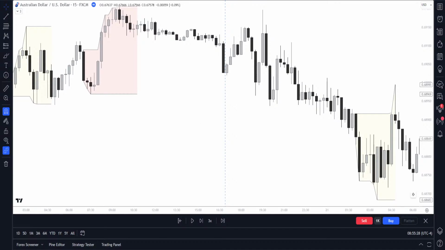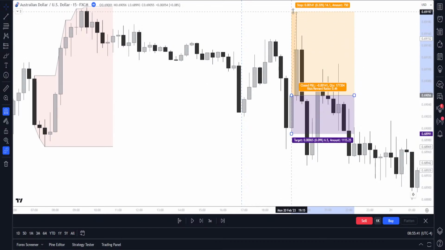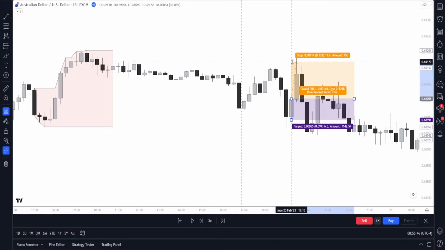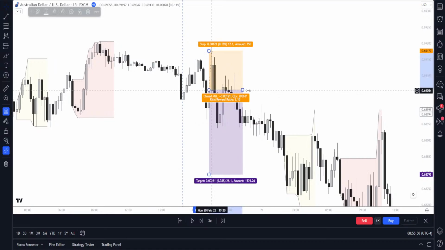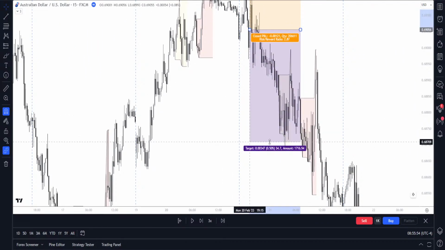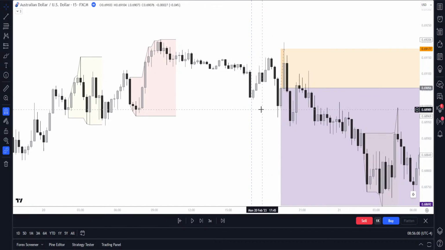AUD news was 7:30 p.m. So I don't really know how this one went, but if you put your trade right here, it's like a 12 pip stop loss, this would have lost, right? Because it did go down, but it whipsawed first. So let's see, 3R was right here. So yeah, I don't know if you would have won.